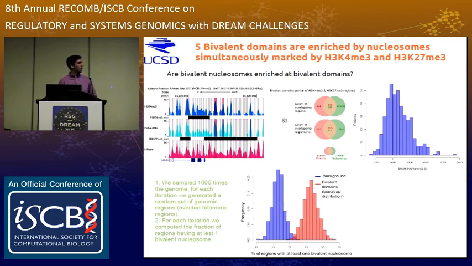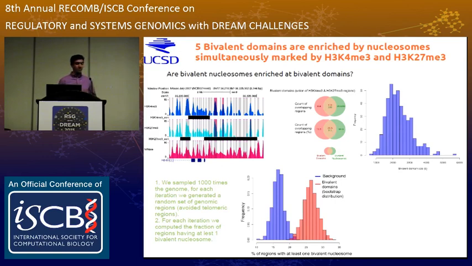Out of 400 bivalent domains, which go between around 1,000 bases up to 6,000, with a typical value of 2,000 bases in length, we found that around 26% of them contain at least one bivalent nucleosome. We asked if this intersection is significant or not.